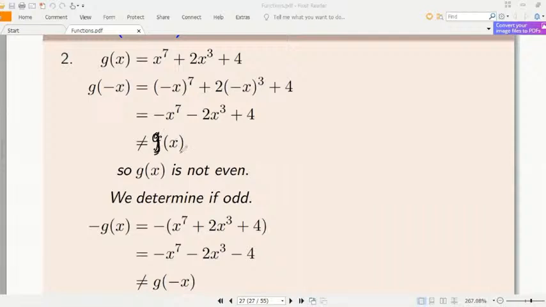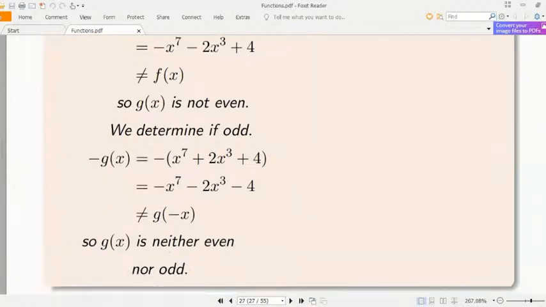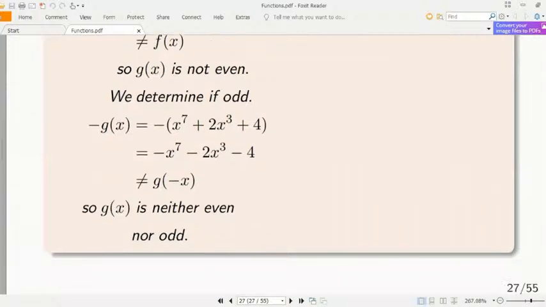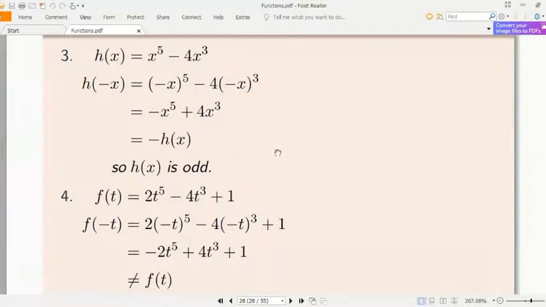So we then determine if it's odd, so we multiply. And so therefore, g of x is neither even nor odd. Just look at another example, then I leave you to do the rest.